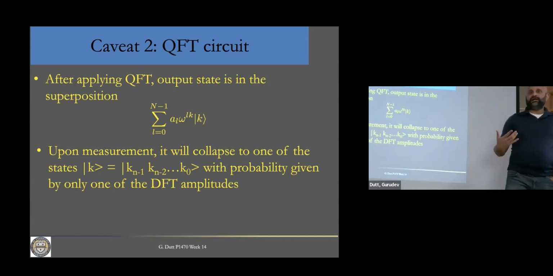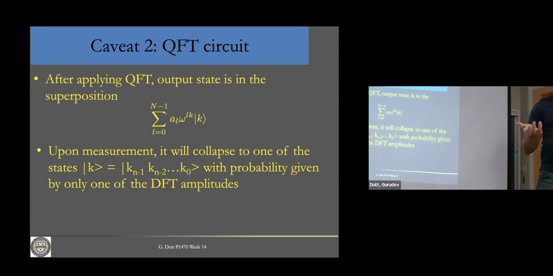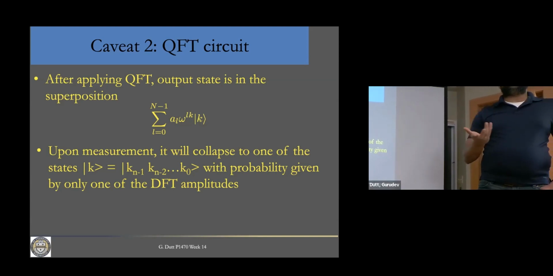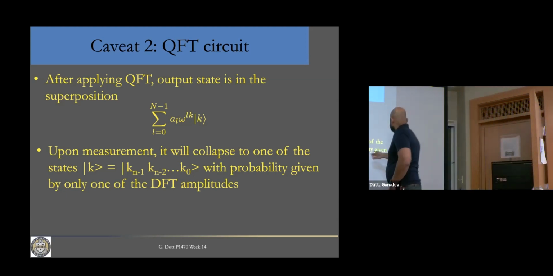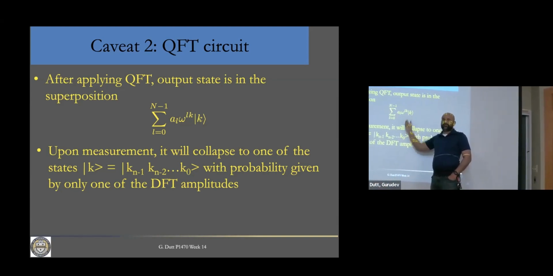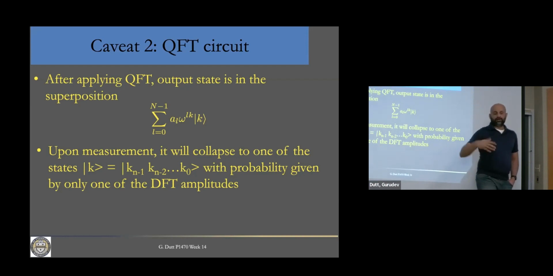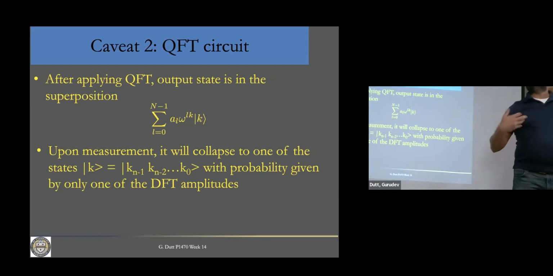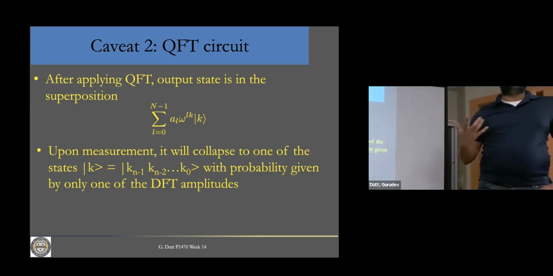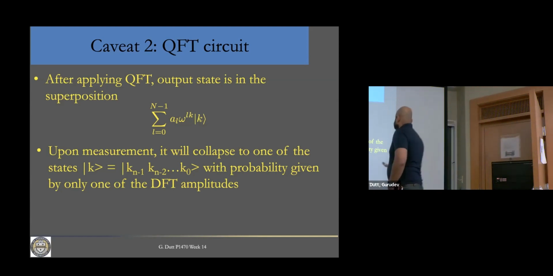So you see the problem is that you're going to have to make the circuit and measure it many times to get the actual coefficients, because the probability is given by this DFT, but it's not the actual DFT itself or the Fourier transform that comes out in the answers that we're getting over here. The answers are always going to be some binary representation of the states, and all we have is some probability.